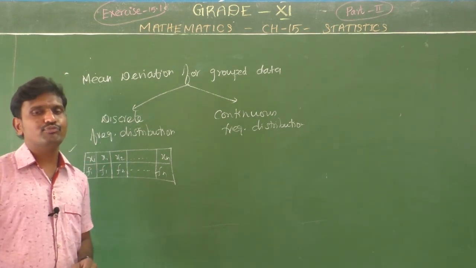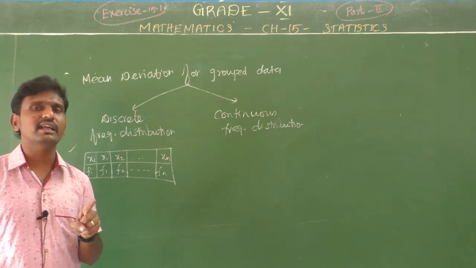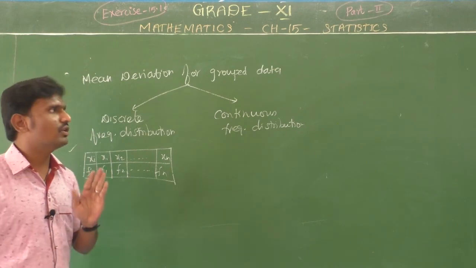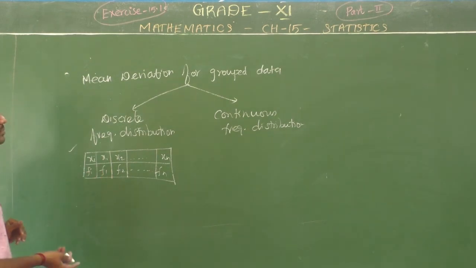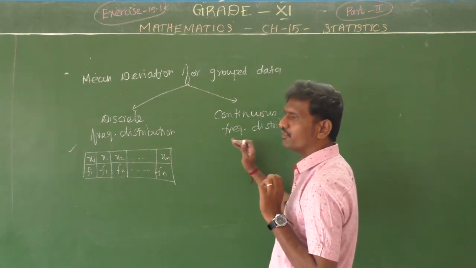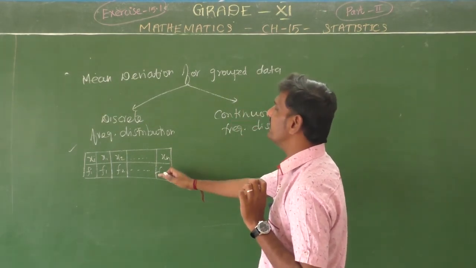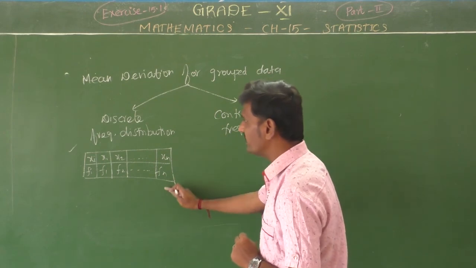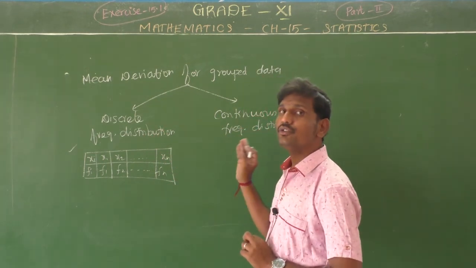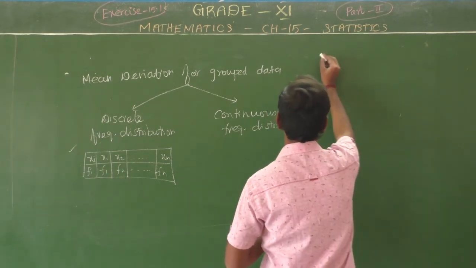The mean is found the same way in both cases; the only difference is the table format, one being a discrete frequency distribution table and the other a continuous frequency distribution table.